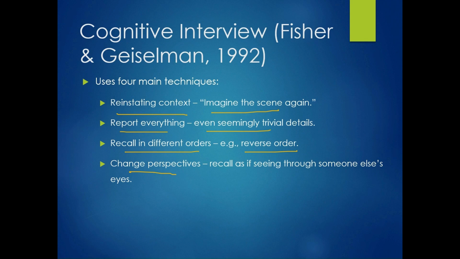This means recalling the whole incident as if you are seeing it through someone else's eyes, like imagining what a bystander might have seen. These strategies help reduce memory bias and increase accurate recall. Research shows that cognitive interviews can increase correct recollection by nearly 40% compared to standard police interrogation techniques.